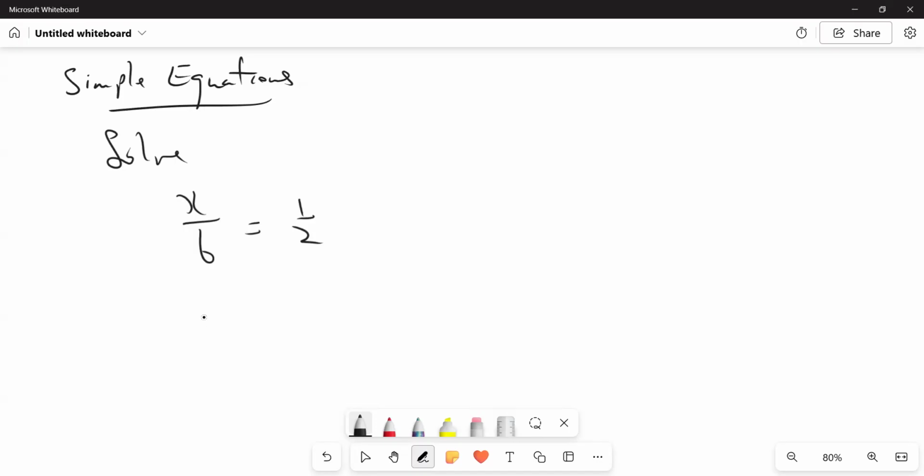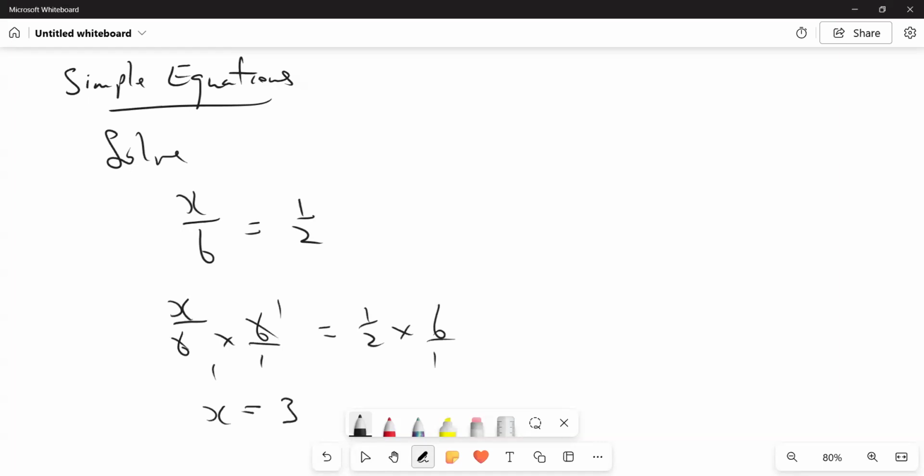In this case, you take x over 6 multiplied by 6, and you take a half multiplied by 6, and you get what? You can put this over 1, no problem. You cancel, and you end up with x equal to, well, half of 6 is 3.